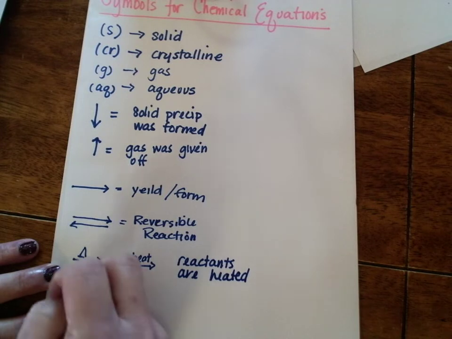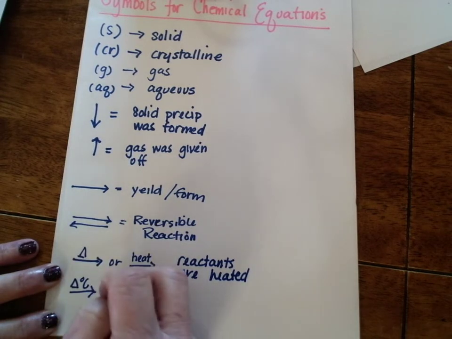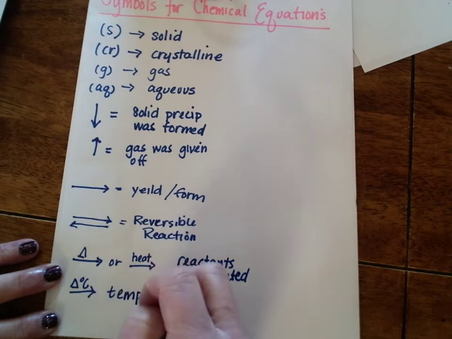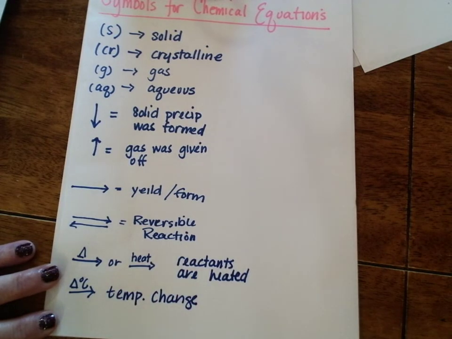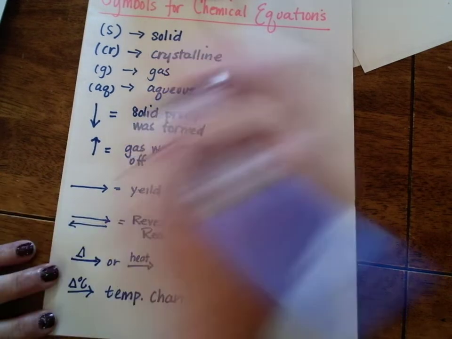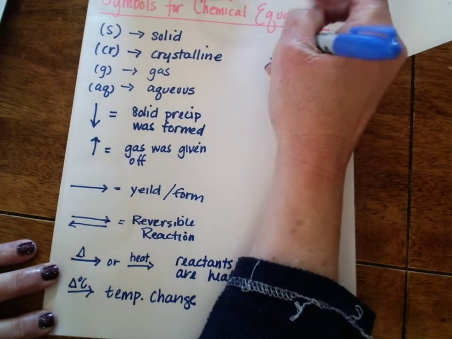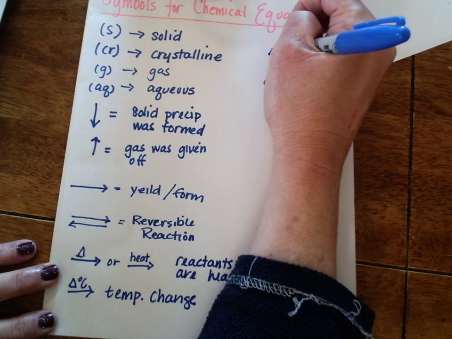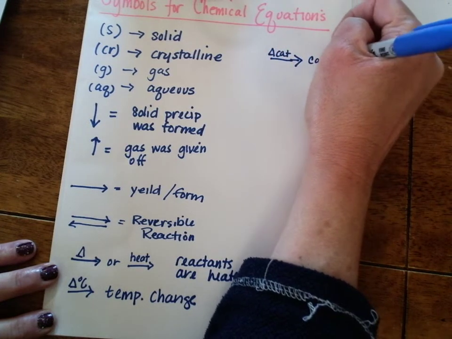If I happen to see the arrow in the center with this, that tells me there was a temperature change. And moving right along here, if I see something like this, where it says triangle and then CAT, it tells me a catalyst was added.